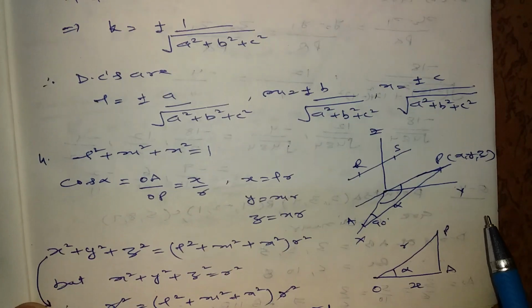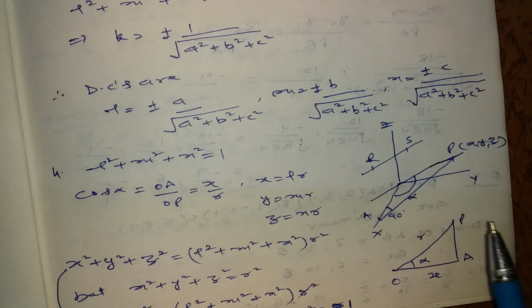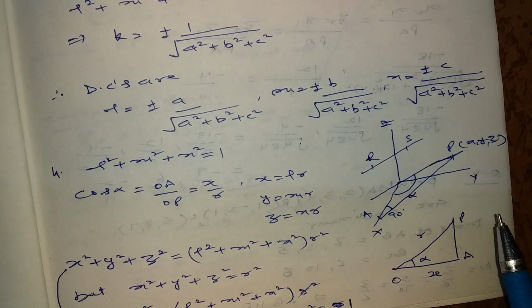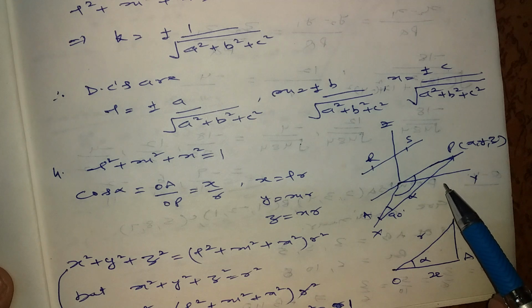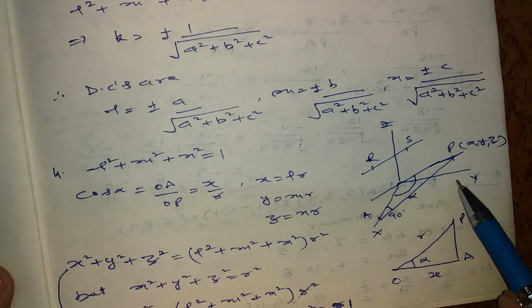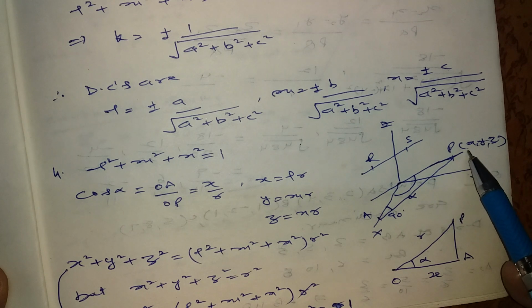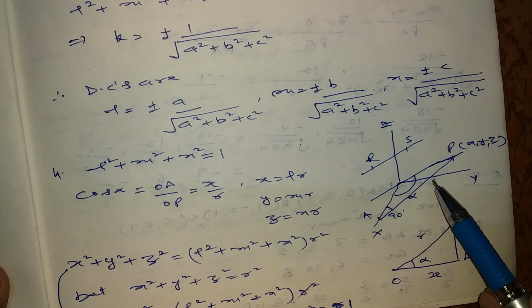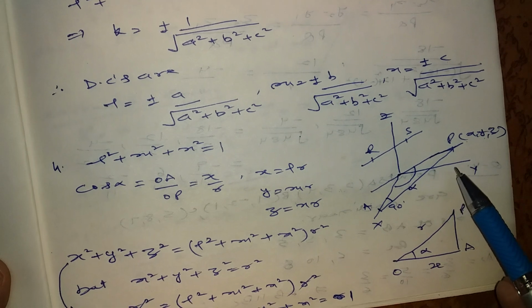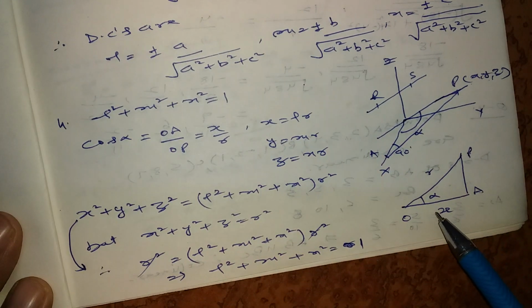Suppose we have a three-dimensional coordinate system and a point P (x, y, z). Alpha, beta, gamma are the angles made by the line with the axes. We will take one triangle with the x-axis.